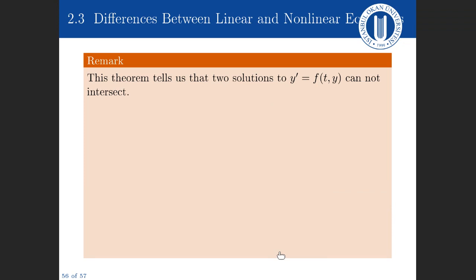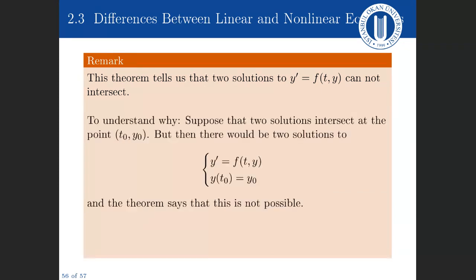Because the solution is unique, it tells us that two solutions cannot intersect. To understand why, let's suppose instead that two solutions do intersect at a point t0, y0. Then that would mean that this initial value problem would have two solutions. And the theorem says this is not possible.